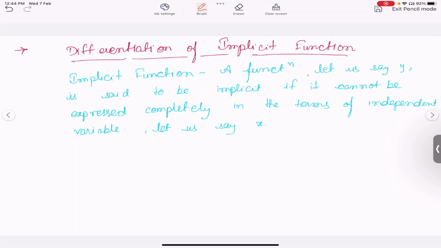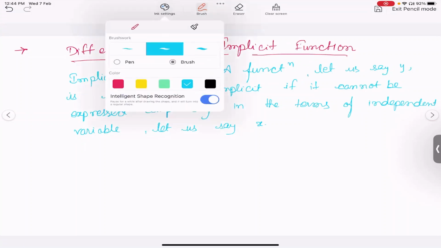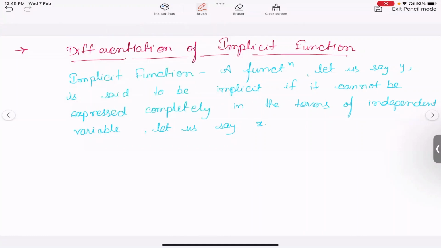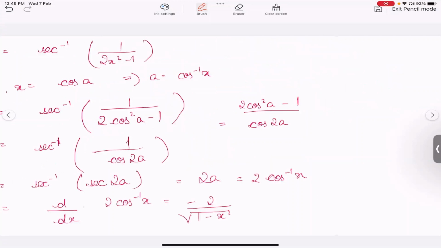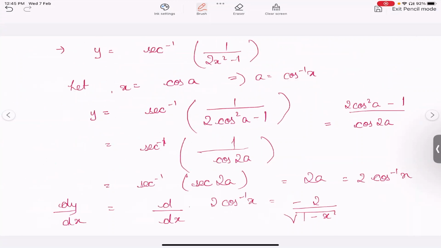So we have to find the derivative in such cases. Let's take an example. Let's change the color of the ink. Example 1: we have the equation x cube plus y cube is equal to 3axy. Here, whatever we do, we can't write y completely in terms of x, like we had earlier, where we had y on one side and x on the other side.